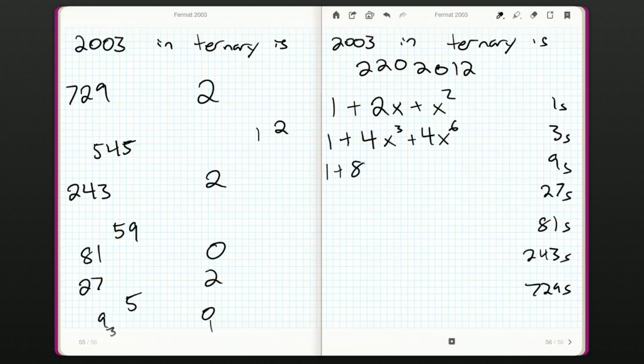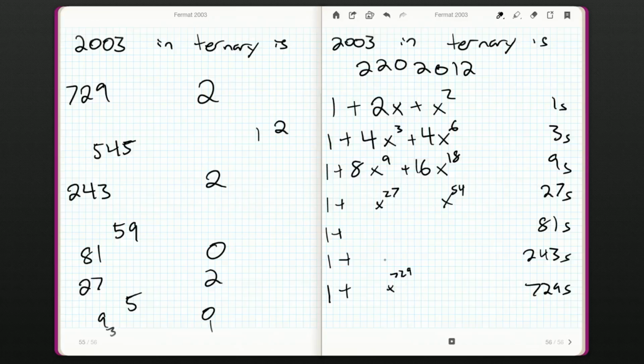And we had 1 plus 8x to the 9 plus 16x to the 18. We'll have x to the 54, x to the 27, and we'll have 1s all the way in front of everything. x to the 162, x to the 486, and x to the 1458.